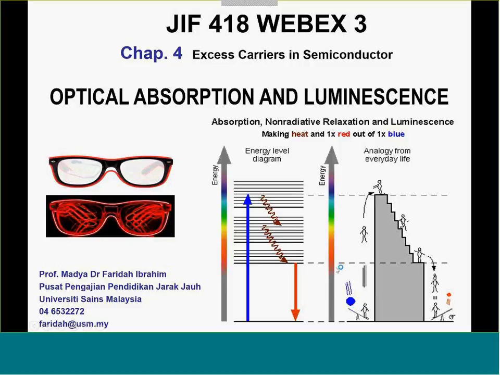This is graphically shown here: the photon is absorbed, where it goes to the higher energy level, and then it undergoes scattering, where it gives out heat, and lastly it jumps back to the valence band, and what comes out is the red photon or red light. So making heat is what happens during the scattering.